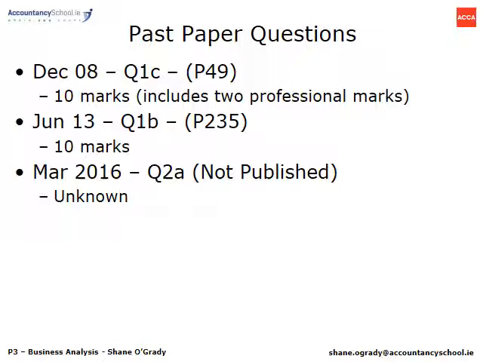Okay, so the 3 past paper questions, as I mentioned, you can see the first 2 were in question 1. They were both 10 markers. So certainly we're not saying that it's okay for you to get no marks for both of those 10 markers, but by the same token, it's not really realistic and pragmatic to be saying to somebody, well, you must be getting 7 or 8 out of 10 for those.